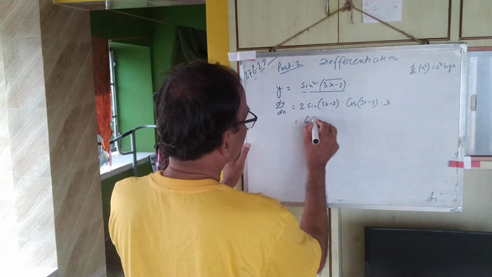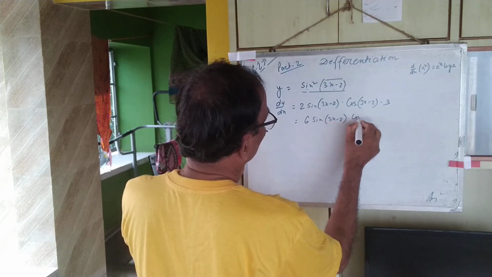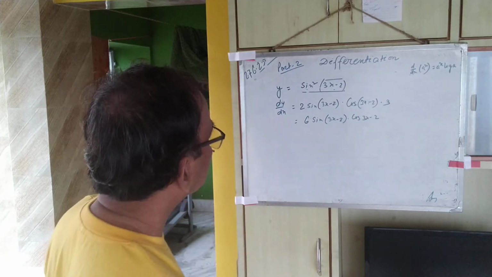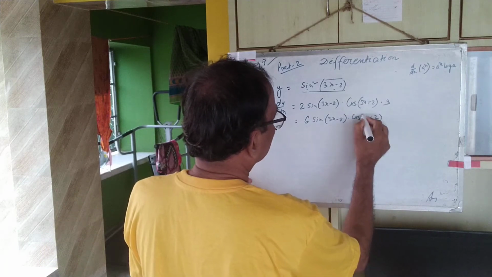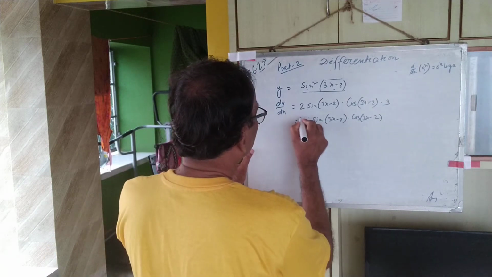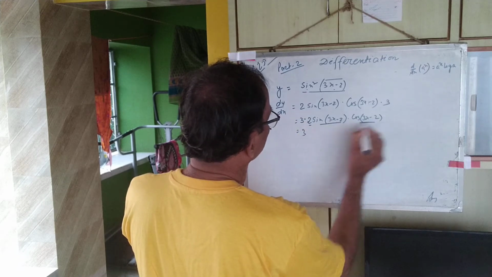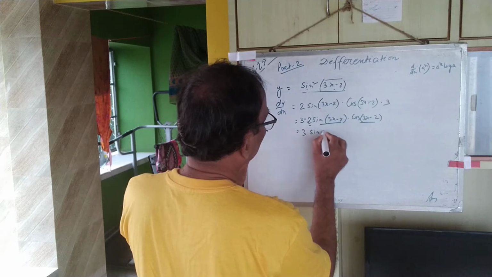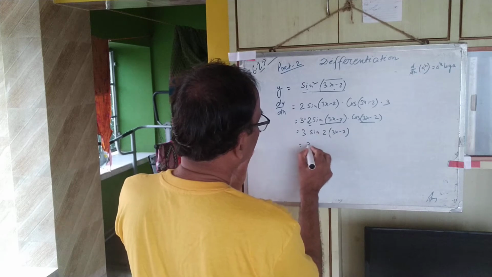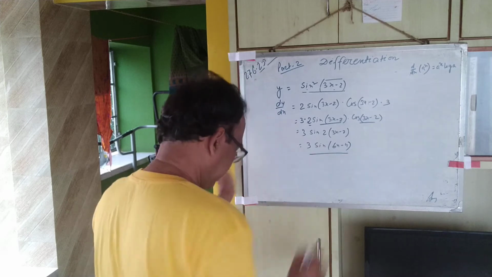That is 6 sin(3x minus 2) cos(3x minus 2). That is the answer. You can write 6 as 3 into 2, and 2 sin A cos A is sin 2A, so 2 into (3x minus 2) gives 3 sin(6x minus 4). That is the answer.